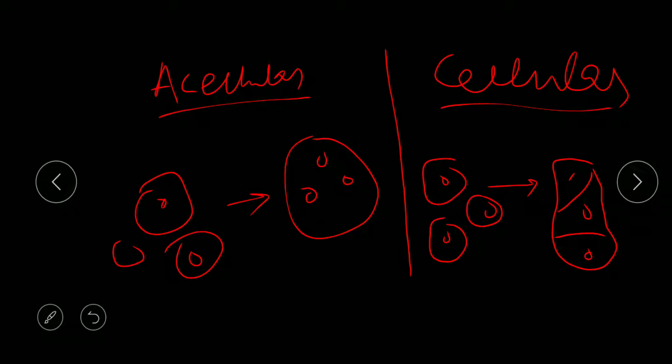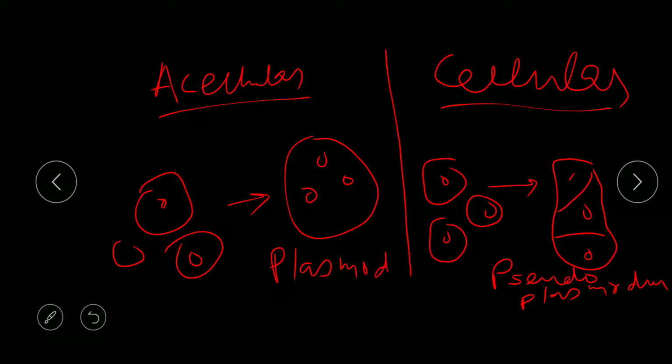This is known as cellular, because they have not lost their cellular identity. And this type of structure is of which one? Pseudoplasmodium, but this is a structure of plasmodium. Okay, so I hope you have understood this in a proper, detailed way.